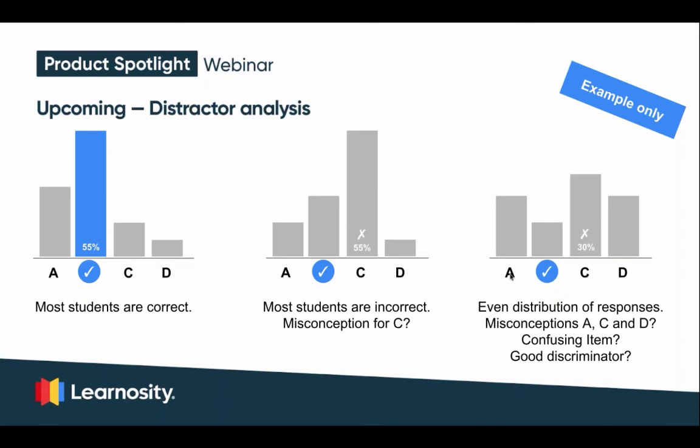Is it because the class has misconceptions relating to options A, C, and D, and that's why they're choosing those? Is it because the item itself is confusing and we could pass this to our authoring team to improve the content there? Or maybe, if we're doing a more high stakes examination, maybe this item is just a good discriminator.